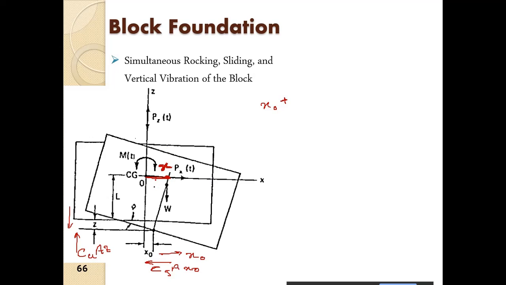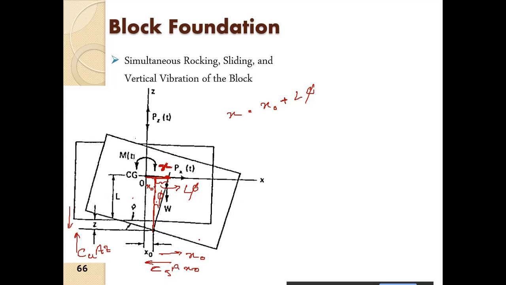Okay, so x will be, so this is x naught, so x will be the total displacement, x will be x naught plus this L phi. So this is L and this is phi, so this component will be L phi and this amount will be x naught, so x will be x naught plus L phi.